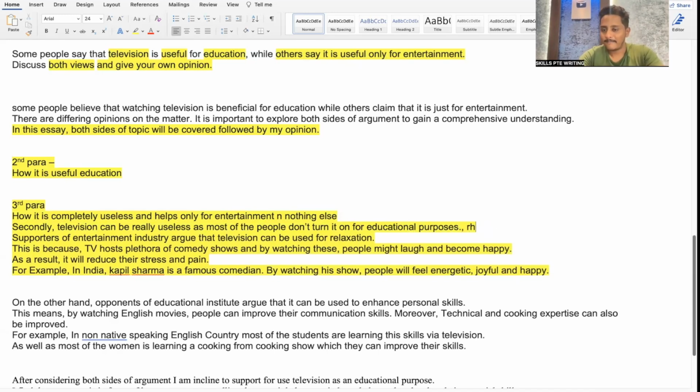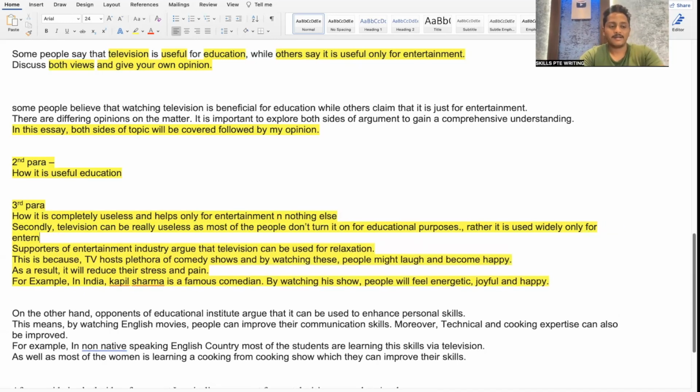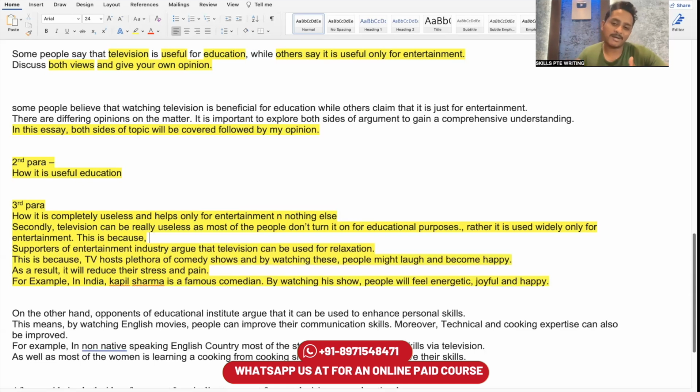Rather, it is used widely only for entertainment. This is because there are many other sources for education and so on. And therefore, television solely stands top in terms of entertainment.